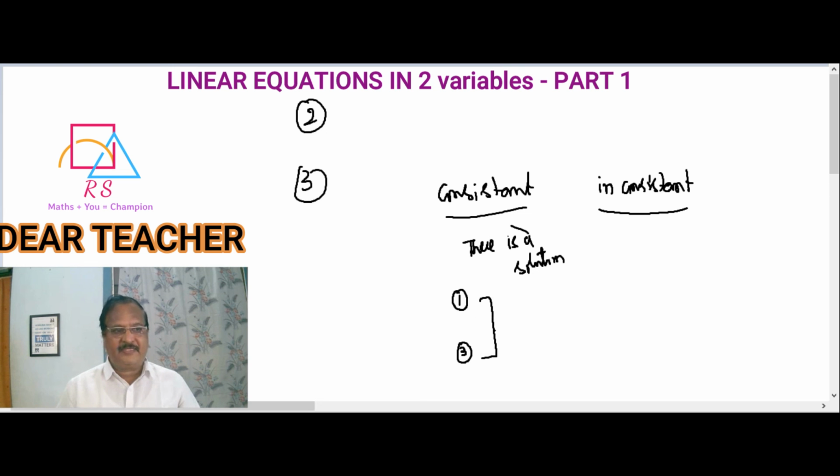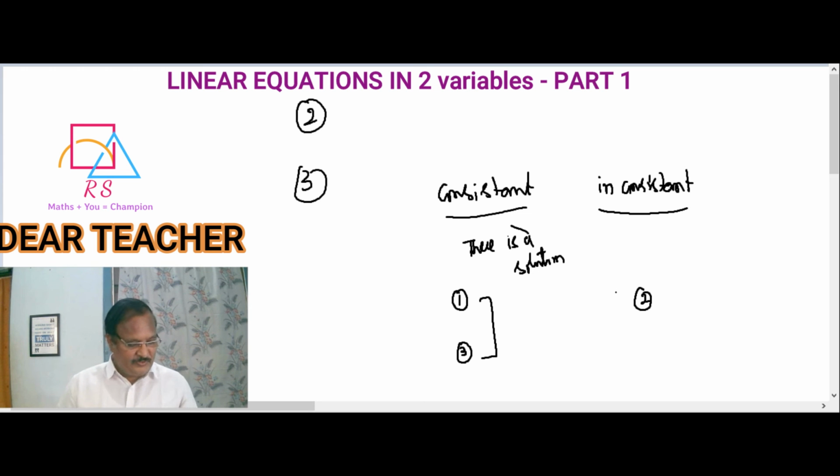In both cases solutions are there. In intersecting lines there is only one solution. In coincident lines there are many solutions. A solution is a solution. So if you get 1 and 3, they are consistent. But if they are not consistent, then no solution. If the lines are parallel, then the system is inconsistent.